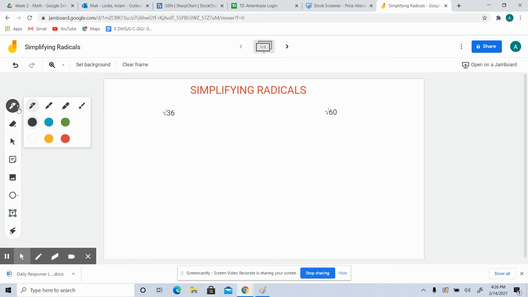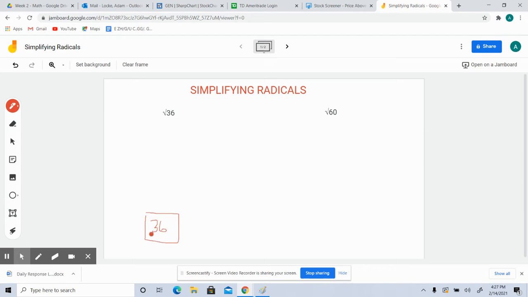The first thing I want us to think about is what a square root means. Essentially, it means if you have a square with an area of 36, what can you multiply a side and a side by to give you your area of 36?